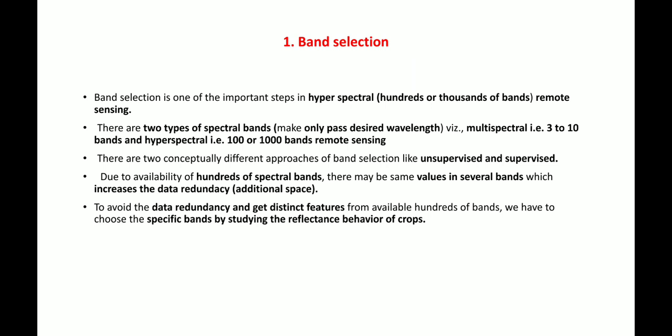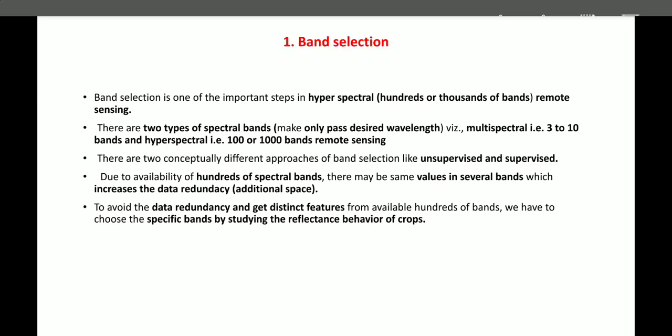In the band selection there are different types of bands, that is multispectral and hyperspectral bands. These are majorly used for the study of the wavelengths or spectral bands of specific crops and accordingly to classify or discriminate the crops.